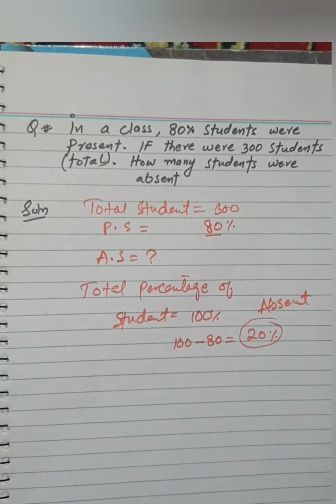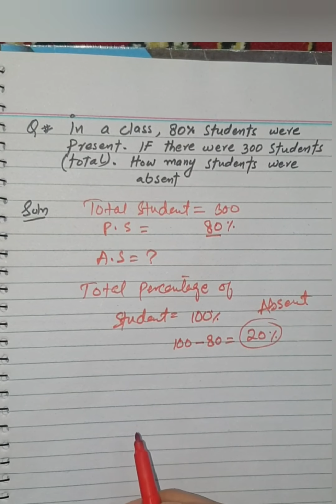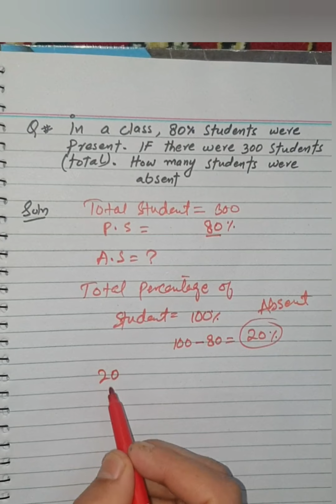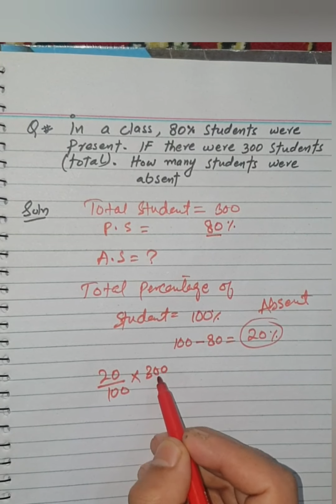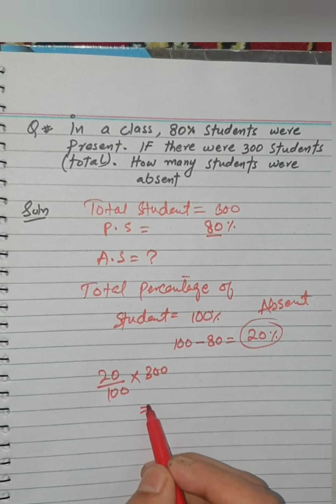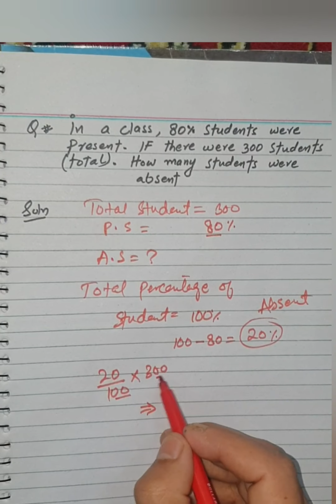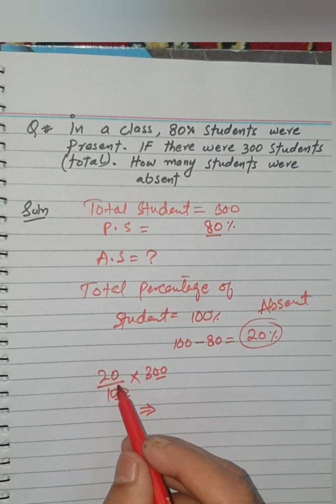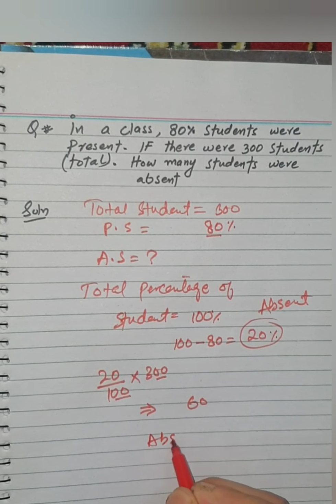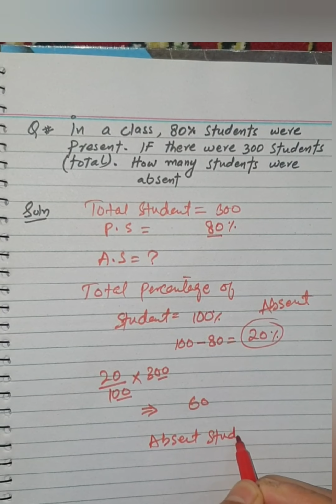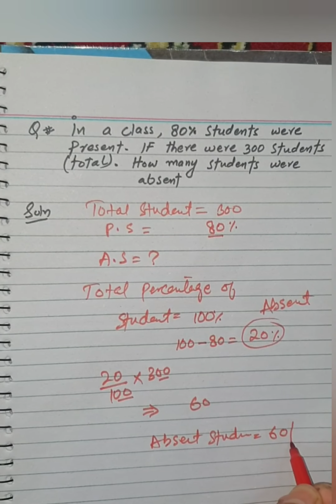So 20% of 300 must be equal to the number of absent students. 20% multiplied by 300. By simplifying, these two zeros will be cancelled out. 2 threes are 6, so 60. The number of absent students is 60.